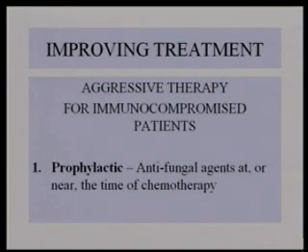Aggressive therapy, prophylactic. Now, when they have an idea, remember I showed you those charts, certain patients get certain infections. So if they see this coming, this patient, they may even give them antifungal therapy without evidence of disease.